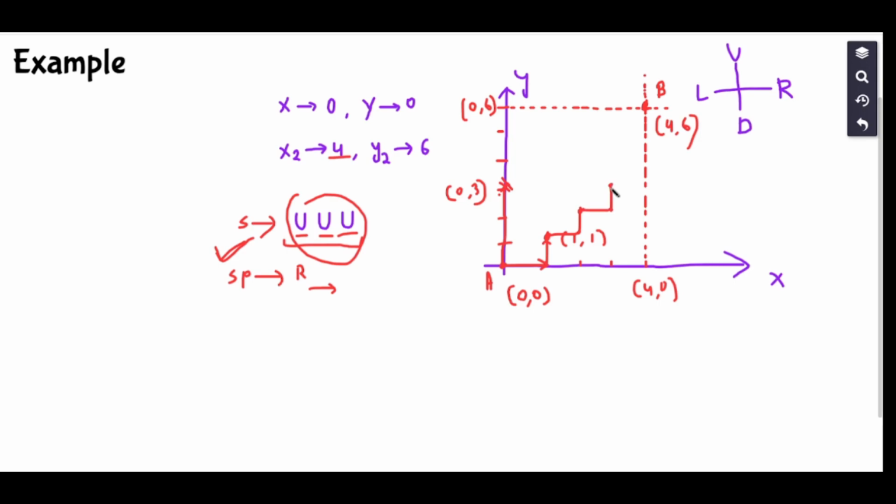Fourth day, again 1 unit due to ship's power, 1 unit due to wind's power. So here is the location, 4 and 4, and I have taken 4 days at this point.